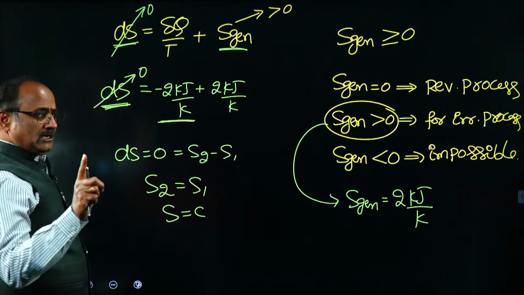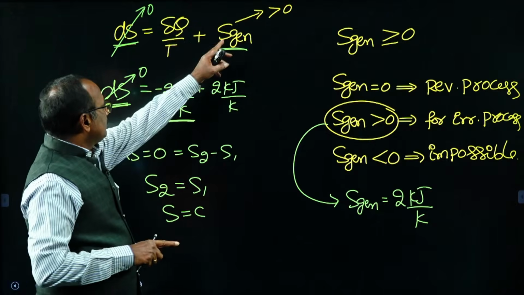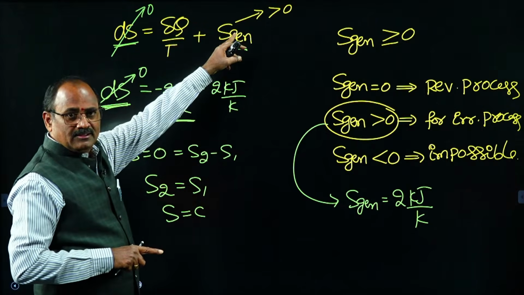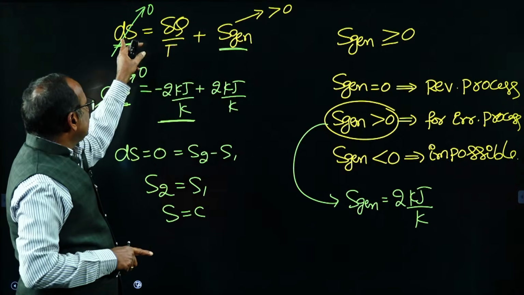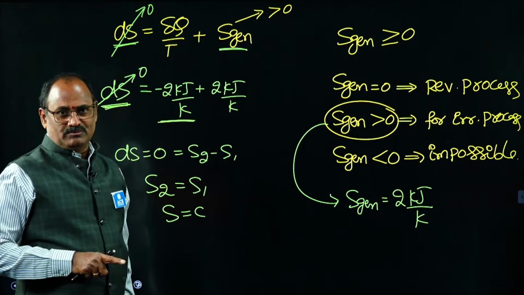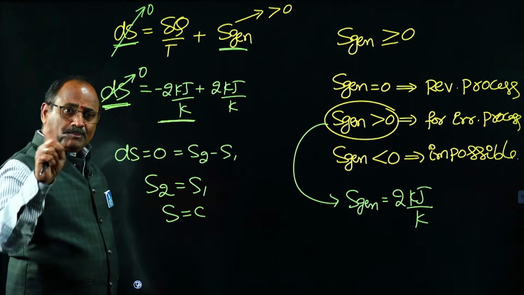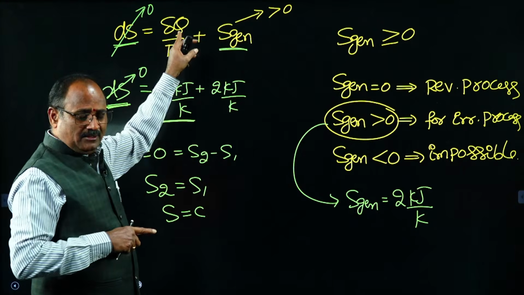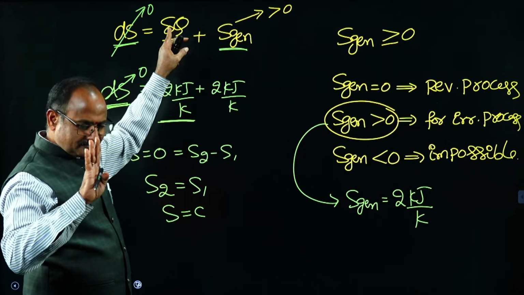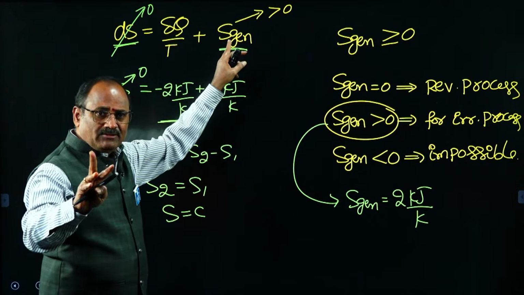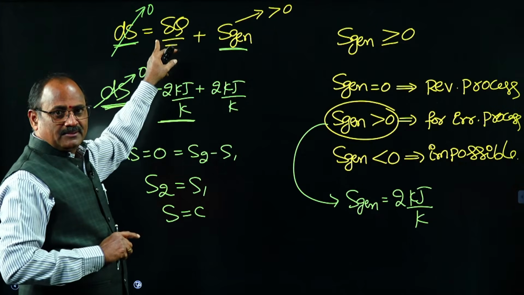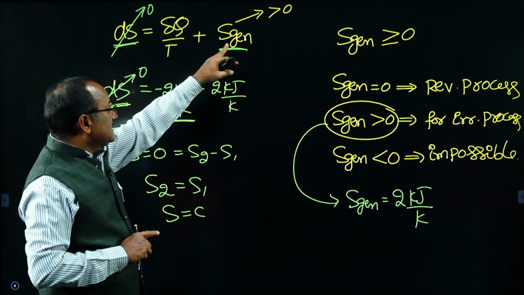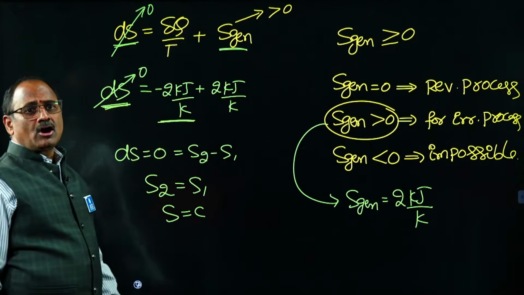Remember, if the isentropic process is reversible, for having ds equal to 0, del q by T must be equal to 0. For that, if the isentropic process is reversible, that must be adiabatic. But if the isentropic process is irreversible, that must be non-adiabatic.